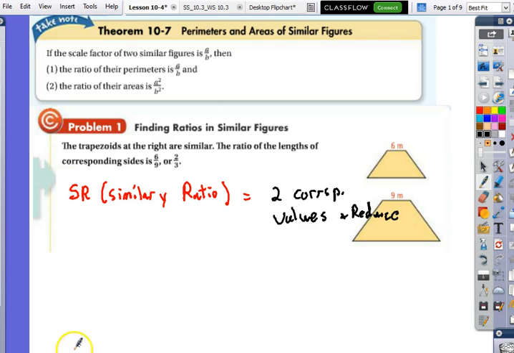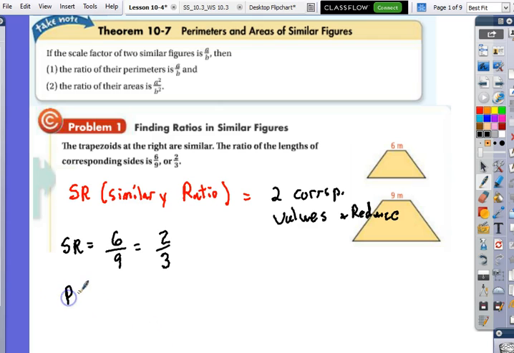So in this picture right here, what are the two corresponding values? 6 and 9. So the similarity ratio of the smaller figure to the larger figure will be 6 to 9, which when I reduce that is what? 2/3.